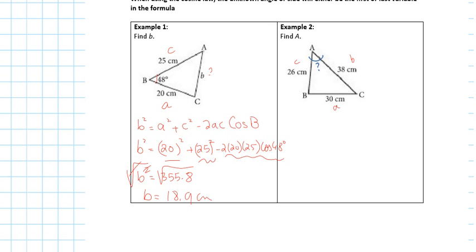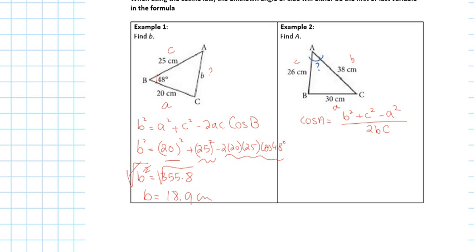So, in this case, as I'm looking for angle A, the formula is going to be cos A equals to. So now you see that you can enter the side lengths.